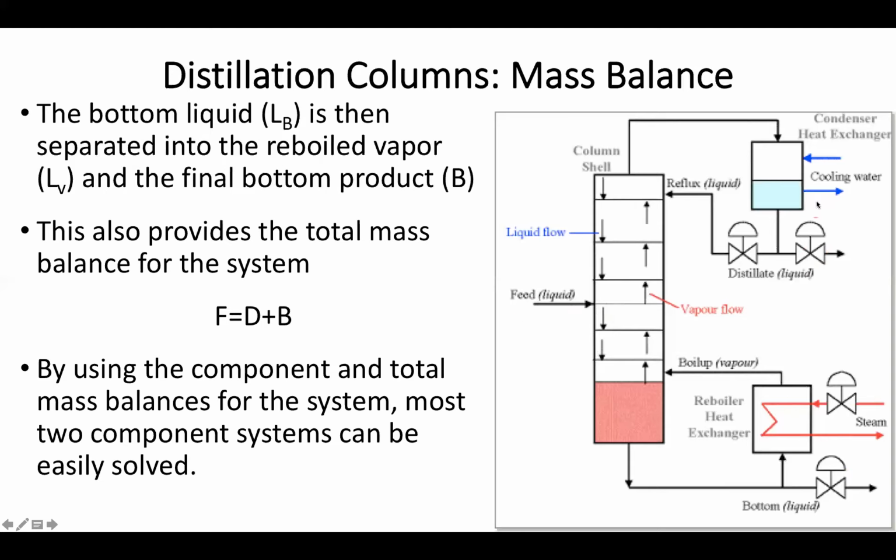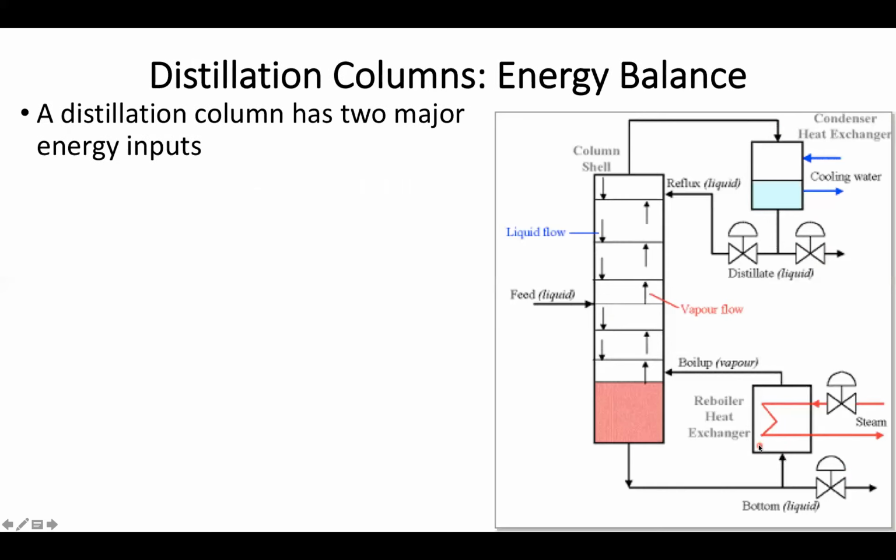However, what we haven't gotten into is the information needed to identify what's going on in the condenser and the reboiler, which can be fairly important for examining our energy balance, because we also need to figure out how energy is entering and leaving the system, because it turns out this energy component is the major cost of running a distillation column. So we've got two major energy inputs coming into the system. The first is that the feed often has to be carefully preheated to a temperature at which I can introduce it somewhere into the middle of the column.